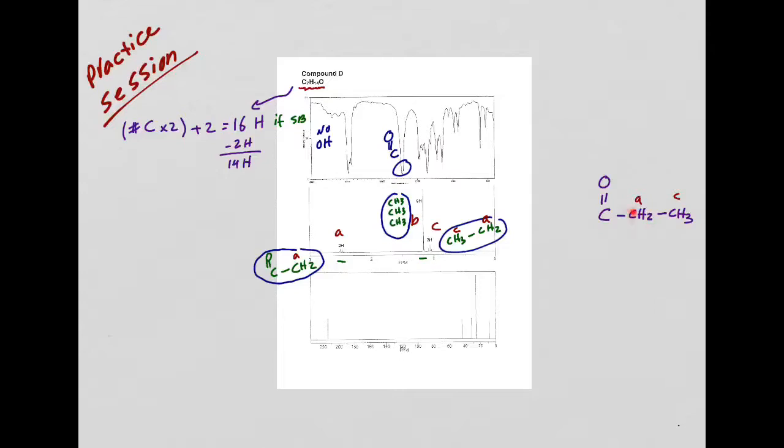And I have 1, 2, 3 carbon accounted for. I have 4 carbon left. Now here, we said we have 3 CH3s that are equivalent to each other, right? And they're next to a carbon that has no hydrogen because this is singlet. That's really key.